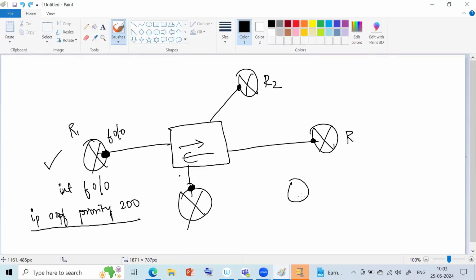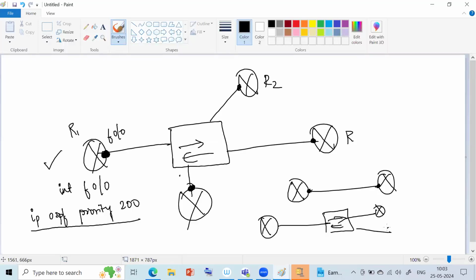One is a point-to-point network, means one device connected to one device only. And if one device is connected to two devices, more than one device, this is a broadcast network.